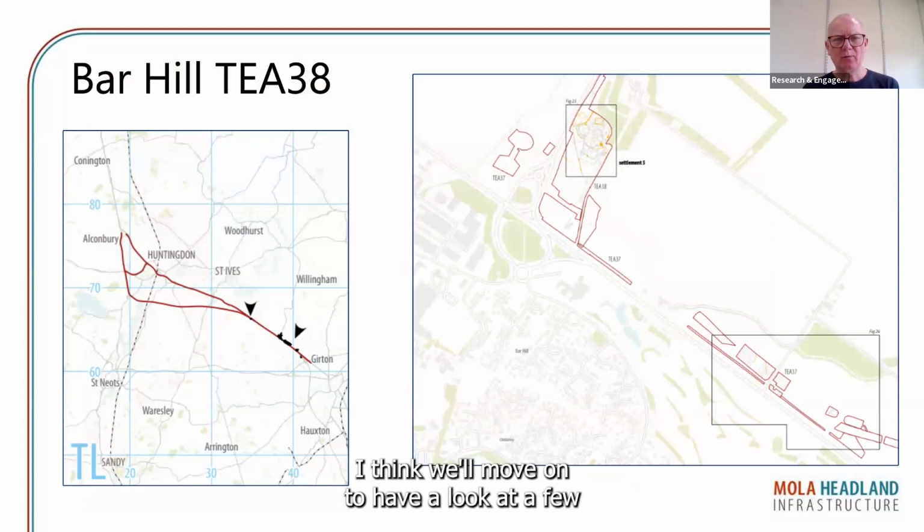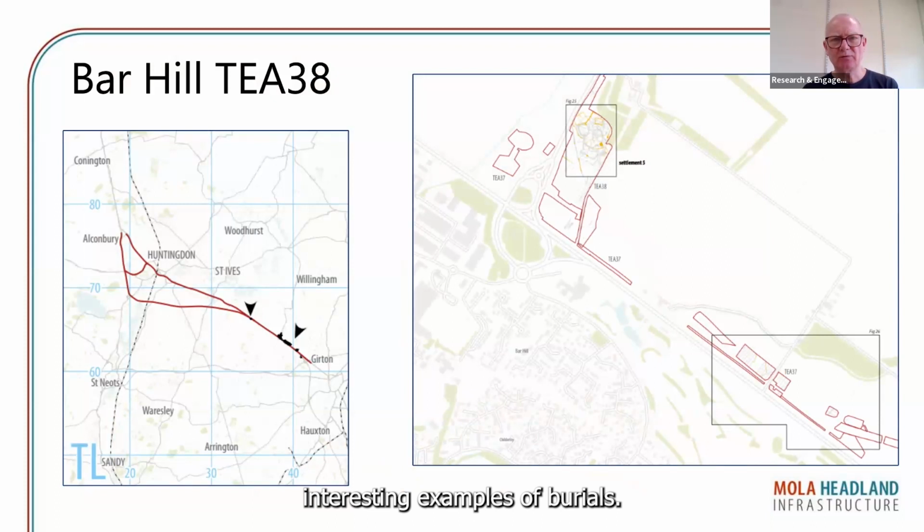Right, I think we're good to move on to have a look at a few interesting examples of burials. First, we're going to start off in Bar Hill, the landscape block at Bar Hill, and the targeted excavation area number 38.